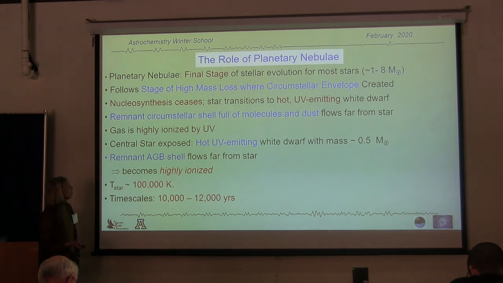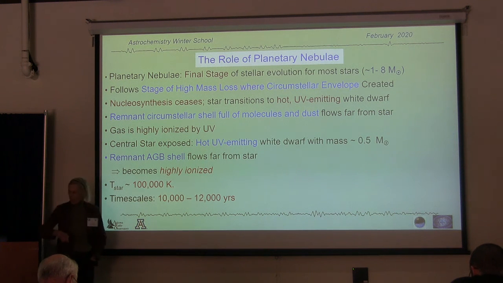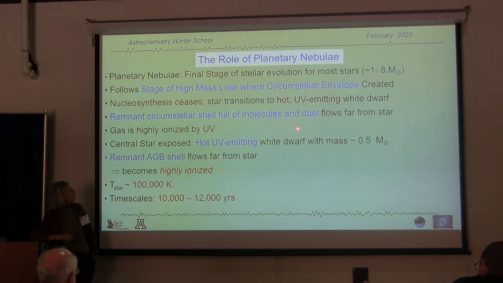By the time the star reaches the planetary nebula stage, nucleosynthesis ceases, and the star transitions to becoming a hot, ultraviolet-emitting white dwarf star. Remember, this has evolved from these situations where we have a star and a huge circumstellar envelope of molecules, and this material that's been thrown from the star as molecules and dust continues to flow away from the star, but now the star becomes a white dwarf.